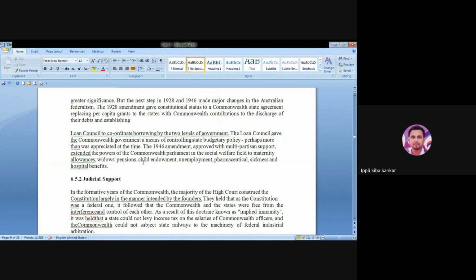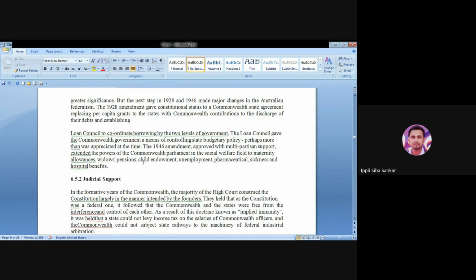In 1928, an amendment gave constitutional status to the Commonwealth-state agreement, replacing per capita grants to the states with Commonwealth contributions to the discharge of their debts and establishing the Loan Council to coordinate borrowing by the two levels of government. The Loan Council gave the Commonwealth Government a means of controlling state budgetary policy, perhaps more than was appreciated at the time.